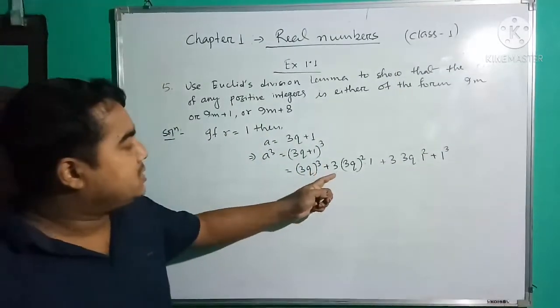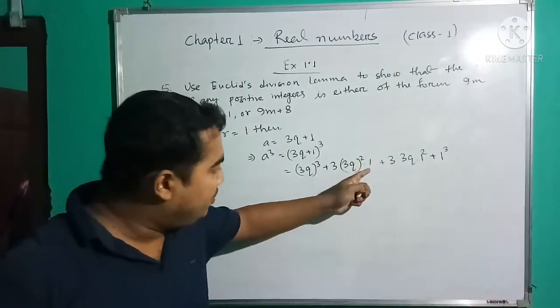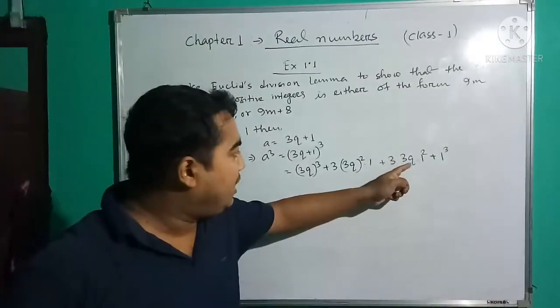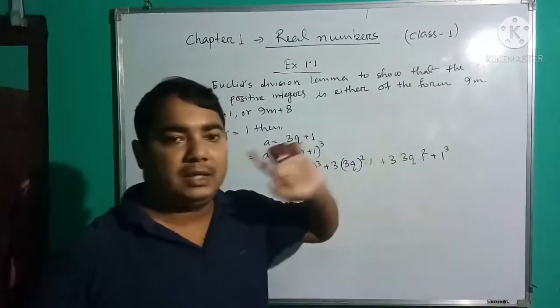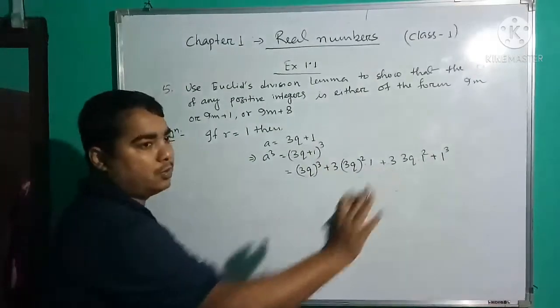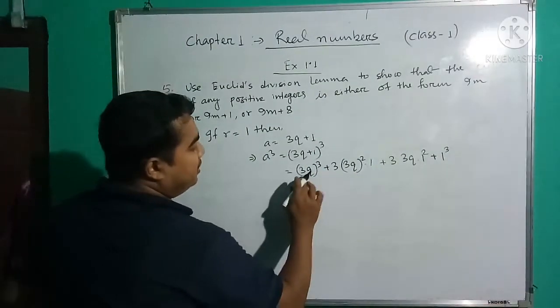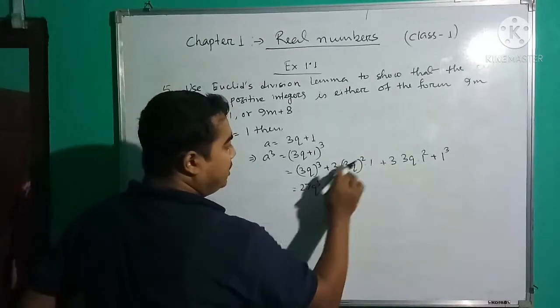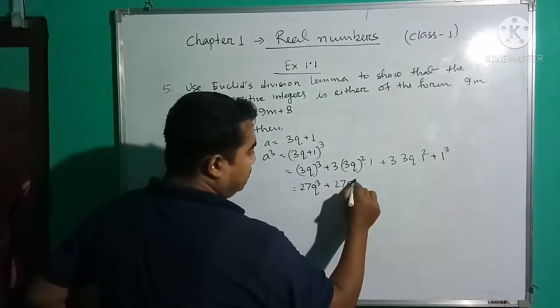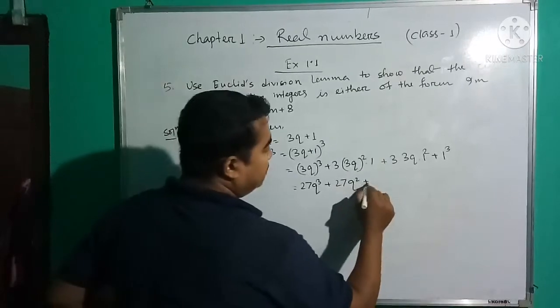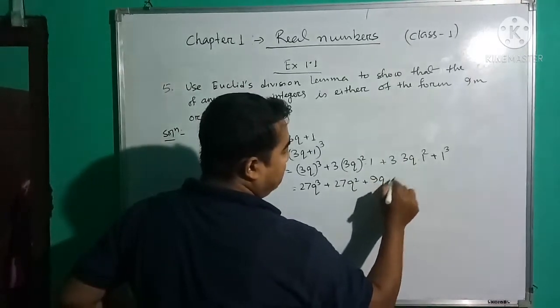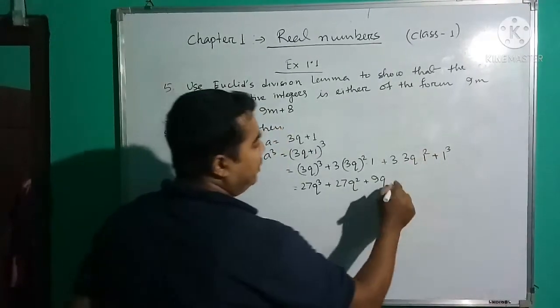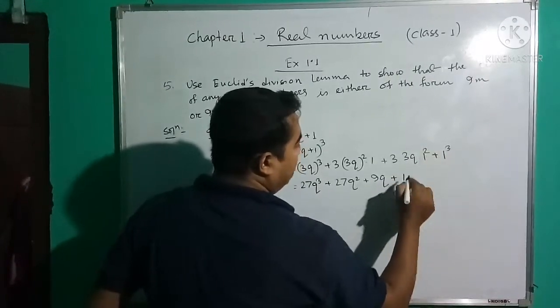Now expand it. 3 cube value 27 q cube, 3 square 9, 9 threes are 27 q square plus 3 threes are 9 q, 1 square not required, 1 cube value 1.